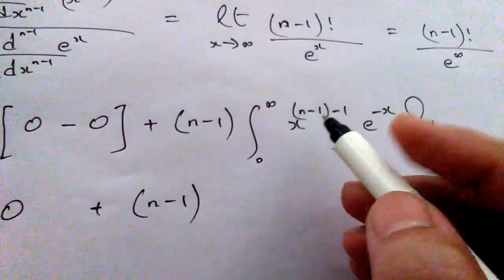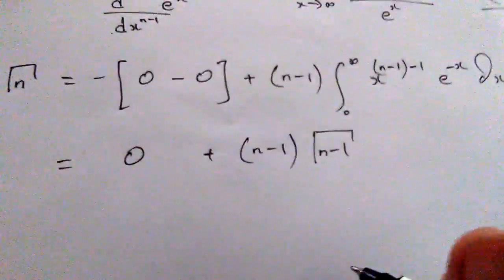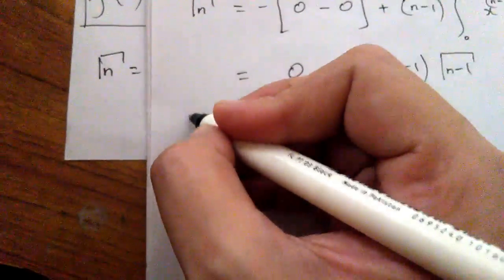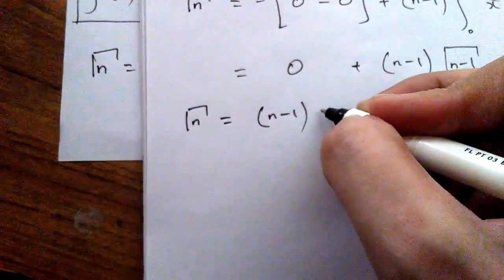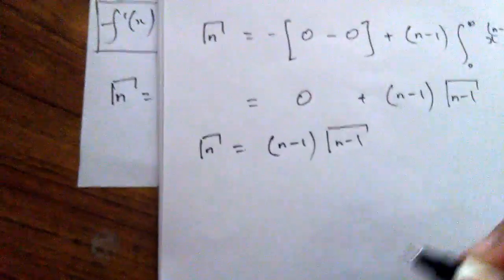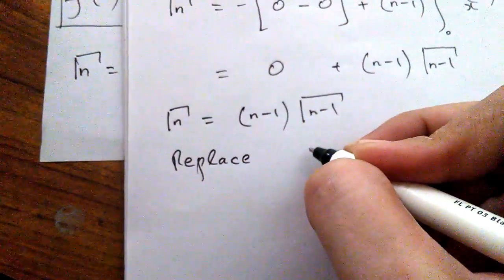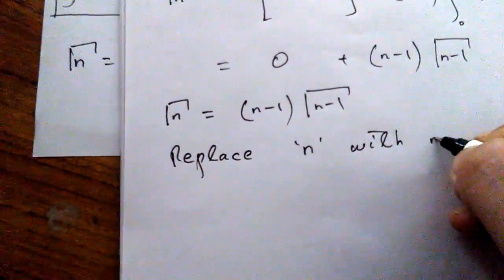That's it. So your gamma function of n is expressed as n minus 1 times the gamma function of n minus 1. Now let me replace n with n plus 1.